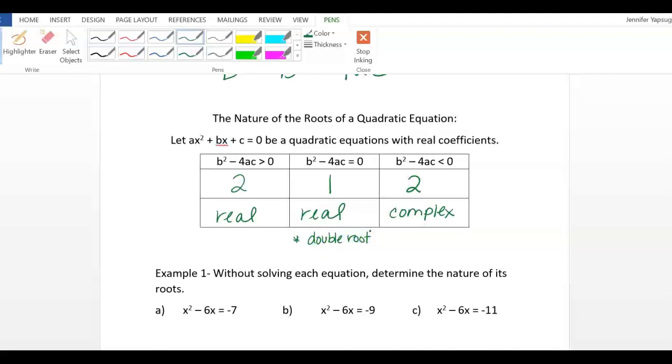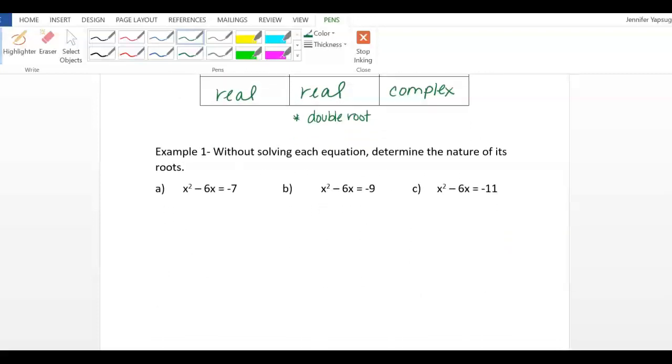So what I'm going to do is have you go through 3 different examples evaluating the discriminant to figure out the type of roots or type of answers that we get. Again, be careful when you read these instructions: we're not solving. Without solving, we're going to determine the nature of the roots.